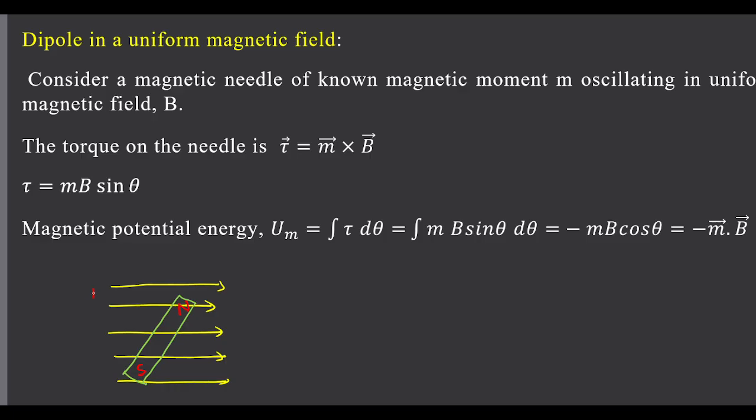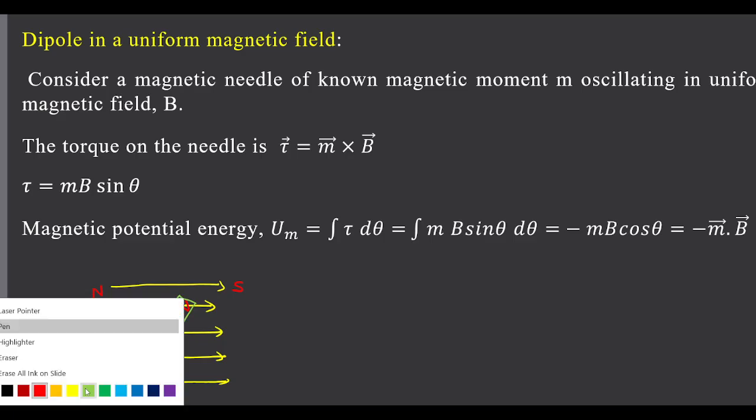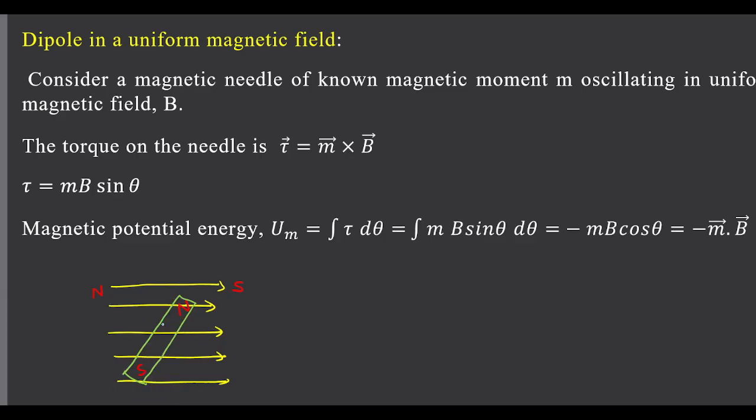We know that the magnetic field lines are directed from north to south. That's why the poles experience a force. There will be one force acting on the North Pole in this direction, and another force acting on the South Pole in this direction.